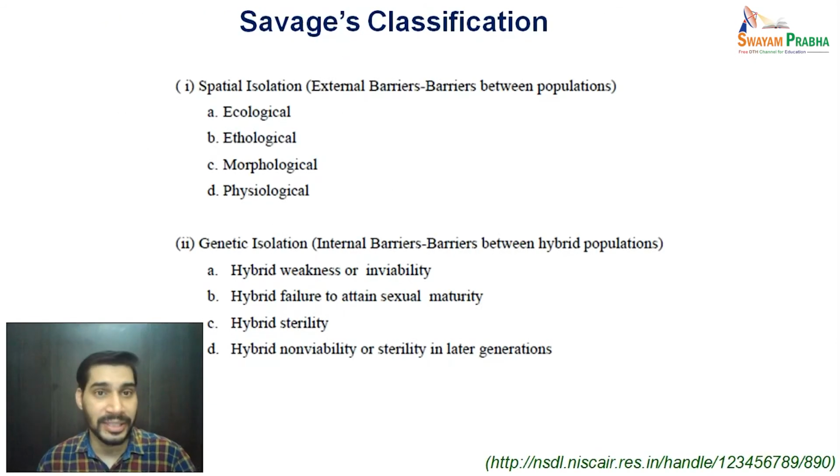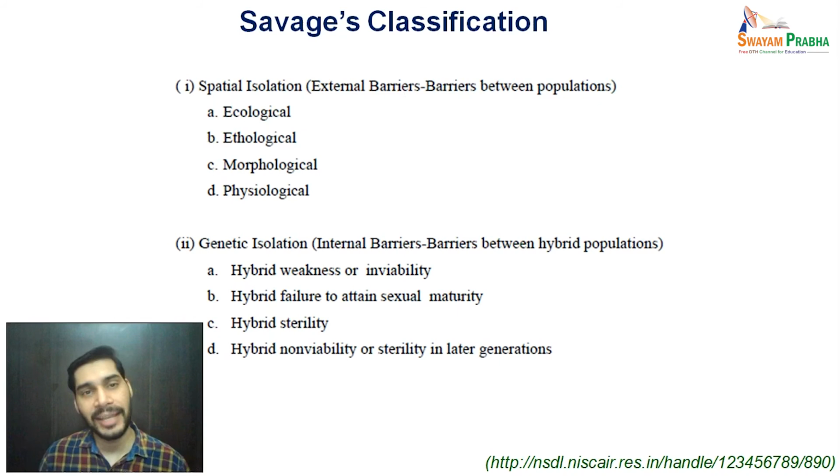The first system that we talked about is Savage's classification. This classification method classifies all these reproductive isolation mechanisms or barriers into two broad categories. One is called spatial isolation, which consists of more external barriers. That means these are the barriers which occur between the populations, and these can be ecological, ethological, morphological and physiological barriers.